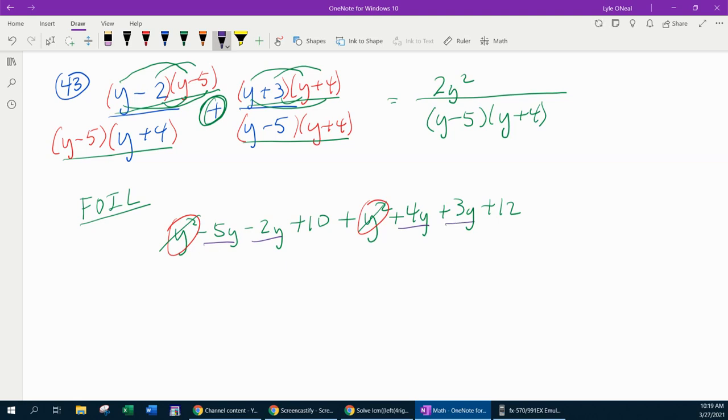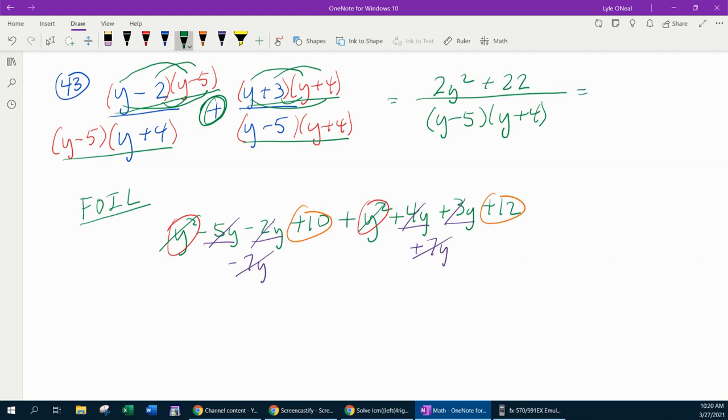So minus 5 and minus 2 is minus 7y. 4 and 3 is plus 7y. OMG, look out, those cancel. So I have no y term. All of those canceled out. Last but not least, we have the constant. Plus 10 plus 12 gives me a plus 22.